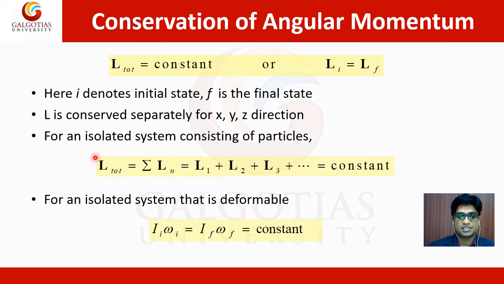For an isolated system consisting of many particles, L total is equal to the summation of L1, L2, L3 and so on, and that will also be constant. We know that L equal to I omega, so the initial I omega is equal to the final I omega. That will also be a constant quantity. So this is the conservation of angular momentum, which states that if there is no external torque acting, then the angular momentum of that particle is constant.